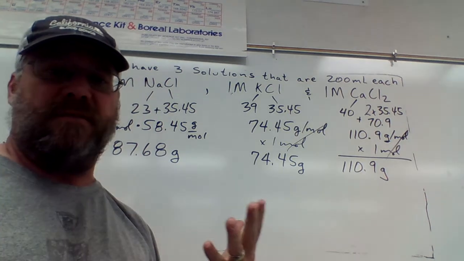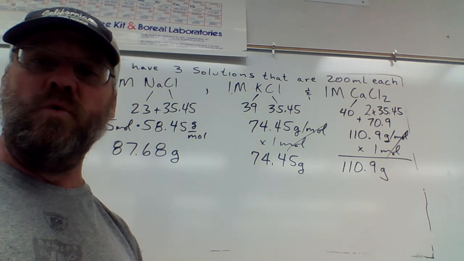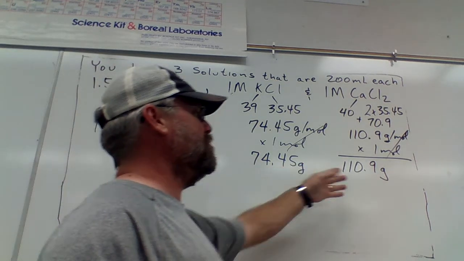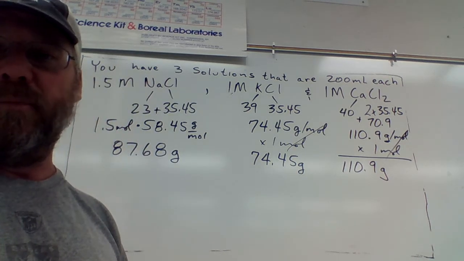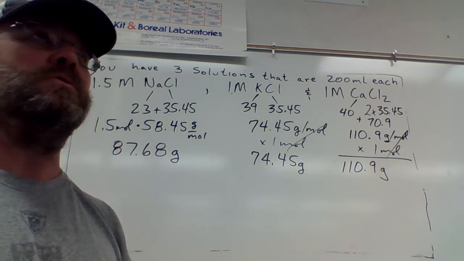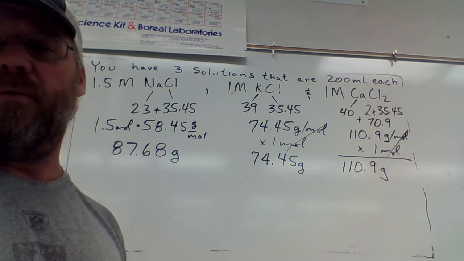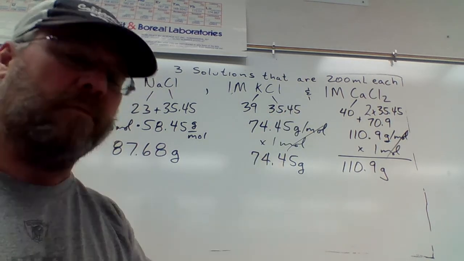Again, you would have substantially less than that, roughly 2/10. So take each of these, multiply by 0.2, and you should have a little bit more added to your 200 grams for the 200 milliliters of water.